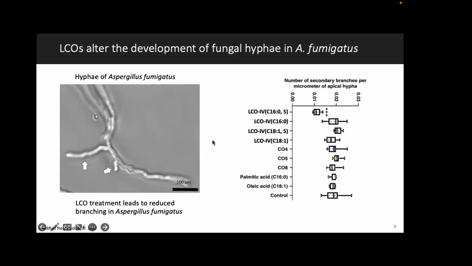And these branches are important for a lot of things, but a big one is how it colonizes its environment. And that same molecule that seemed to increase germination, now we see it decrease the number of secondary branches. And this seemed to be specific to this LCO molecule.